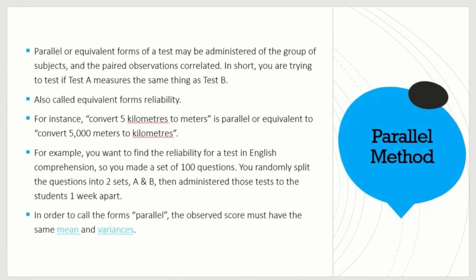Now, in order to call the forms or the tests parallel, the observed scores must have the same mean and variances. Okay, so we have talked about means and variances before, and I hope you remember how to compute them from your statistics when you were in grade 11 as well.